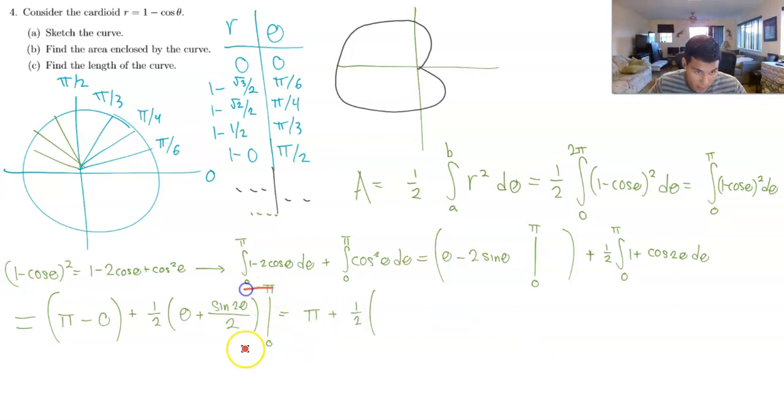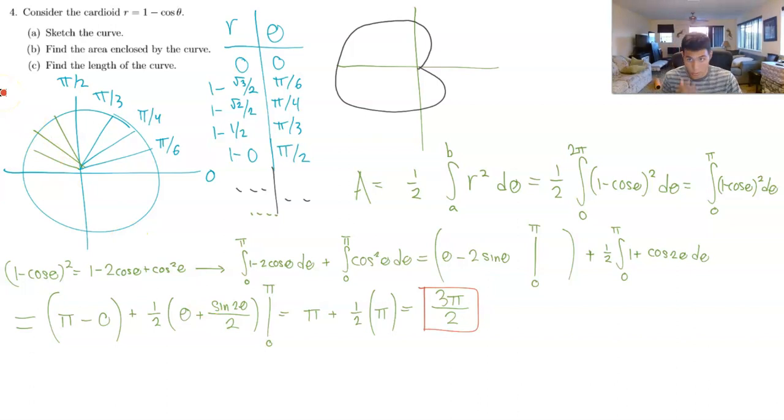Now we put pi and 0 into this, so that becomes pi. If you put pi into here, sine 2 pi is 0, so that doesn't do anything. If you put 0 into here, it's 0 again, just pi. So it's pi plus 1/2 pi, which is 3 pi over 2. That's the area.